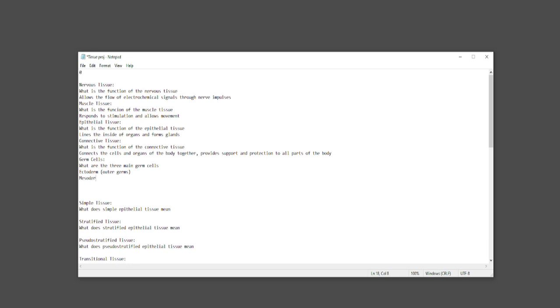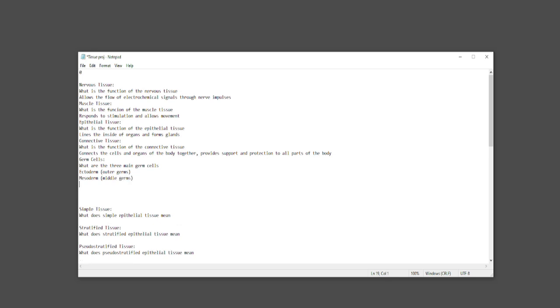Mesoderm are the middle germs. And lastly, endoderms are the inner germs.